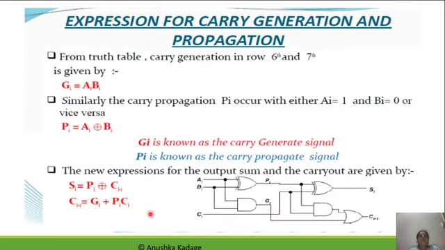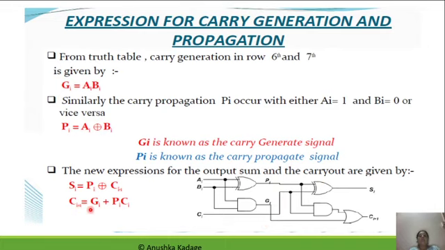And again here the sum will be written as the XOR operation of Pi with the value of C(i-1), because here first the carry propagate and carry generate has to happen.